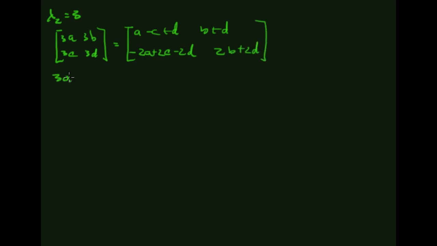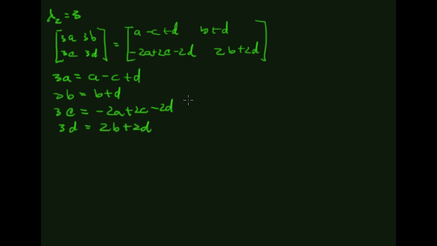So 3a is going to be a minus c plus d, 3b is going to be b plus d, 3c is equal to negative 2a plus 2c minus 2d. 3d is 2b plus 2d.